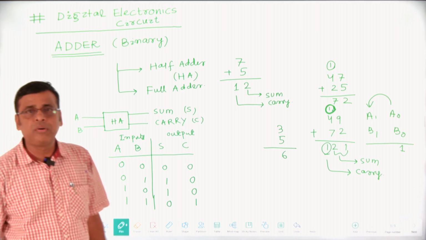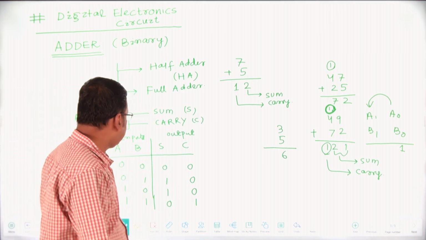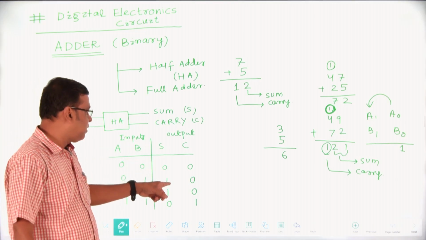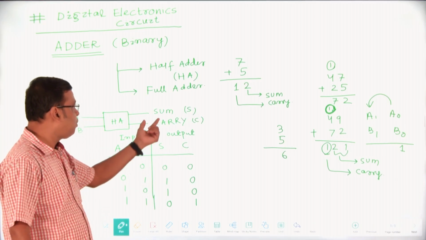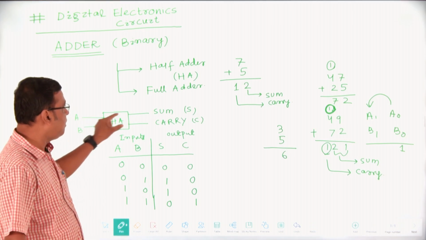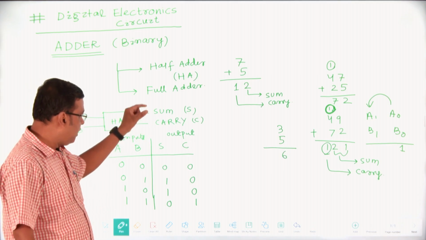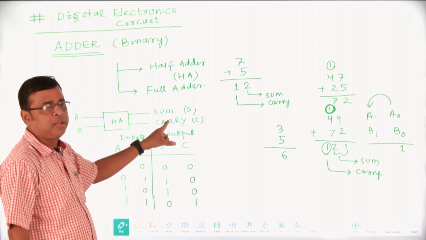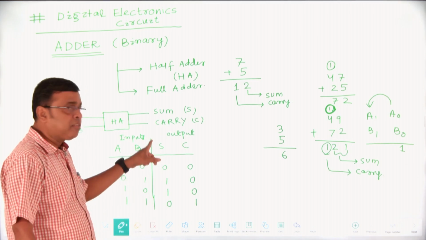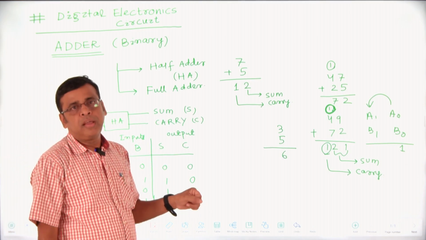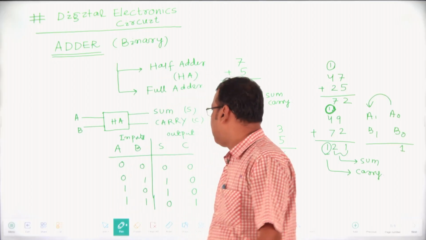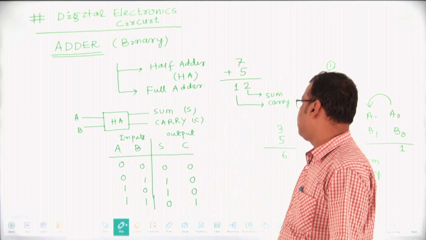When you are going to design the logic circuit, in the half adder we have 2 inputs and 2 outputs. In the 2 outputs, one is sum, another one is carry.